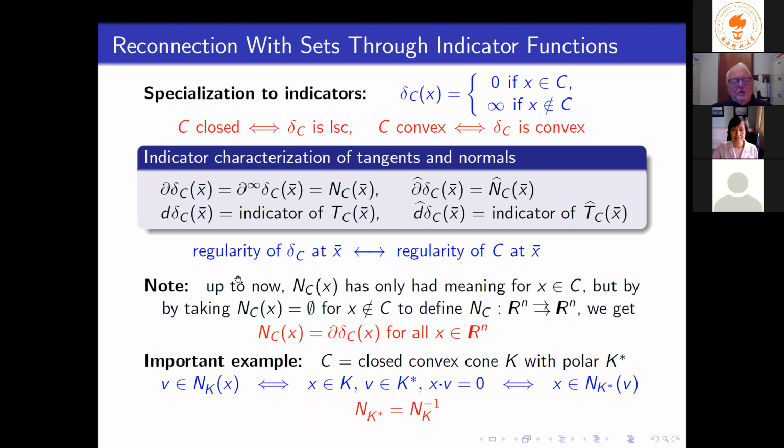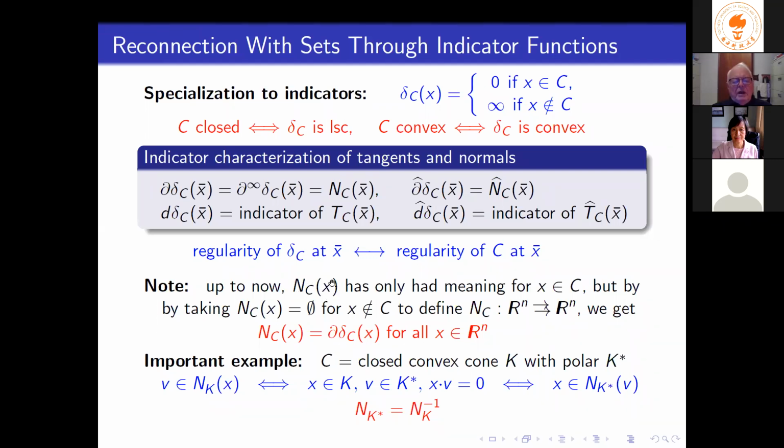But to get there, we notice that up till now, when I discussed the normal cone at a point x, it always meant that x was in the set C. And I still do mean that. But I want to extend this as a mapping.